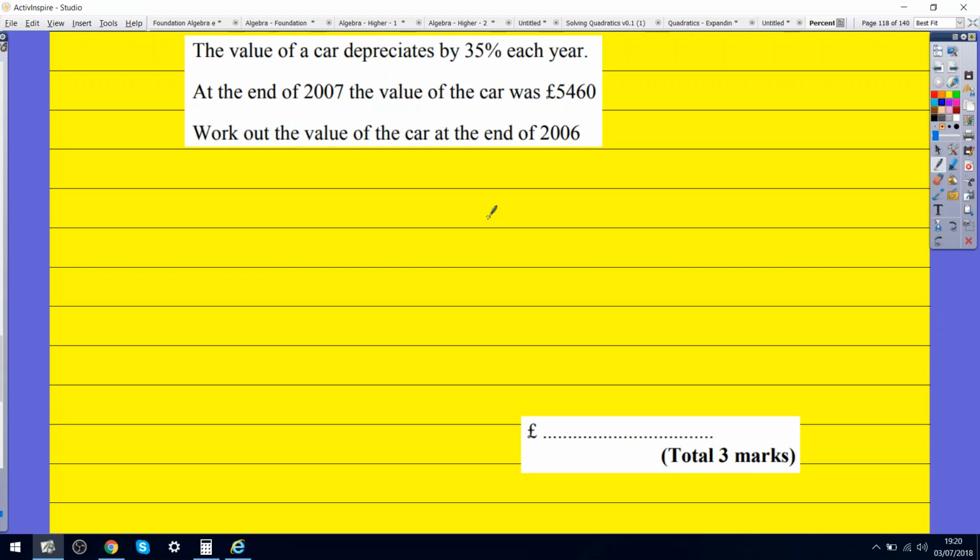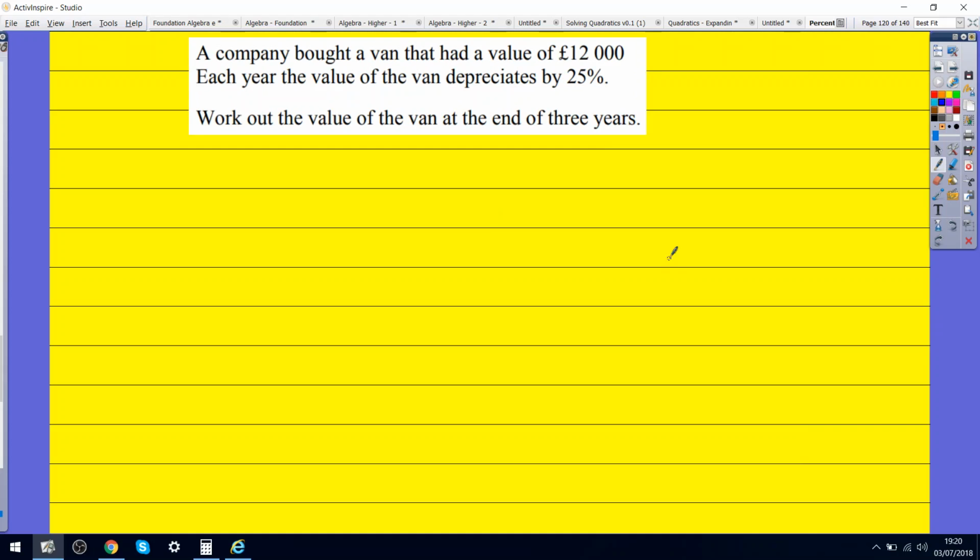Okay. So how about this one? Compound for 3 years. Oh, this one. Okay, so for 4 years, is this compound interest? It depreciates. Yeah. Okay, so 3 years.